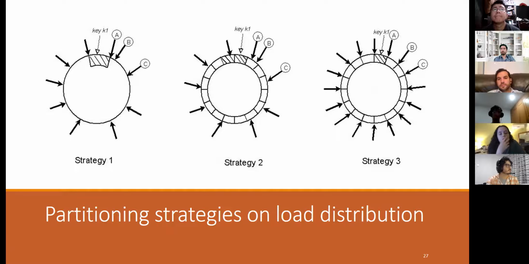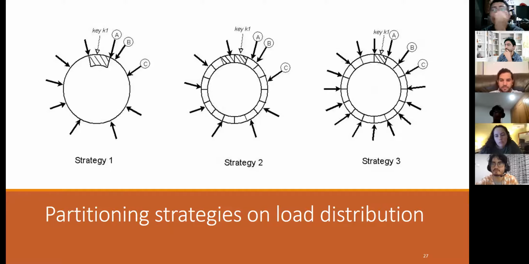This strategy presents some problems because the tokens are chosen randomly, so the ranges vary in size. As nodes join and leave the system, the token set changes, so the ranges also change, which presents some challenges, like the Merkle trees needing to be recalculated. As a new node joins the system, it needs to steal key ranges from other nodes, and so on.